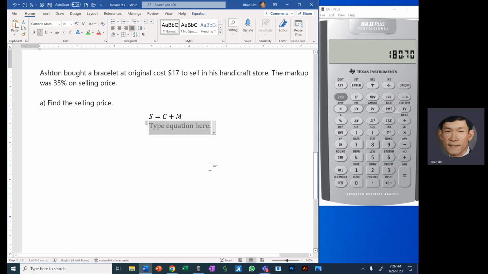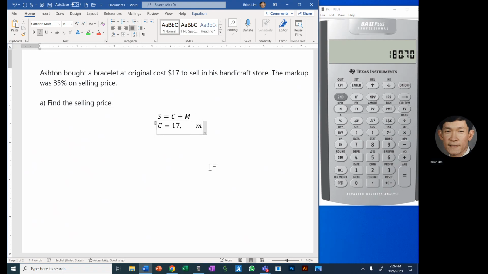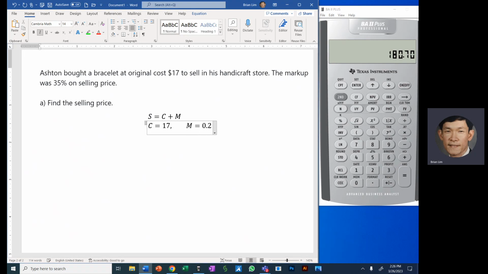So let us do one thing at a time. The cost is 17 and the markup is equal to 35% of the selling price, so 0.35 times S, correct? Where S would represent the selling price.